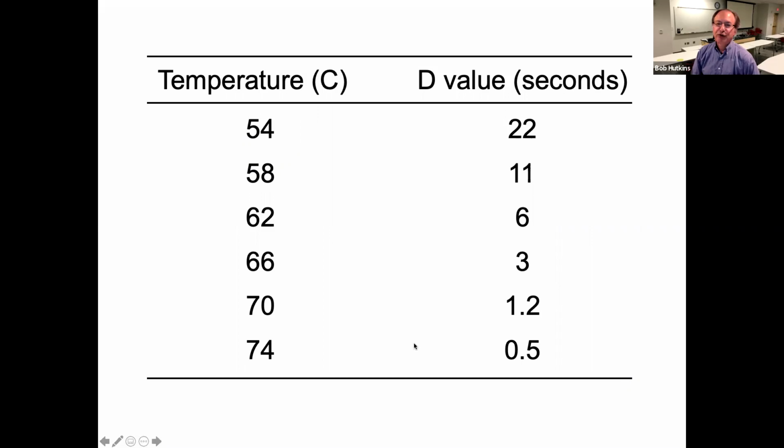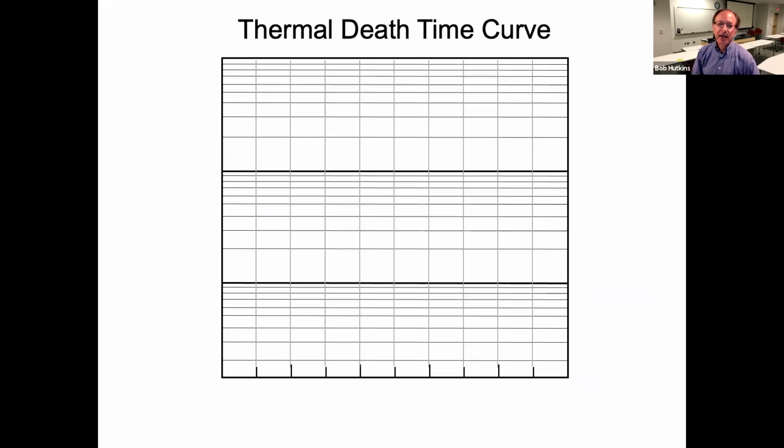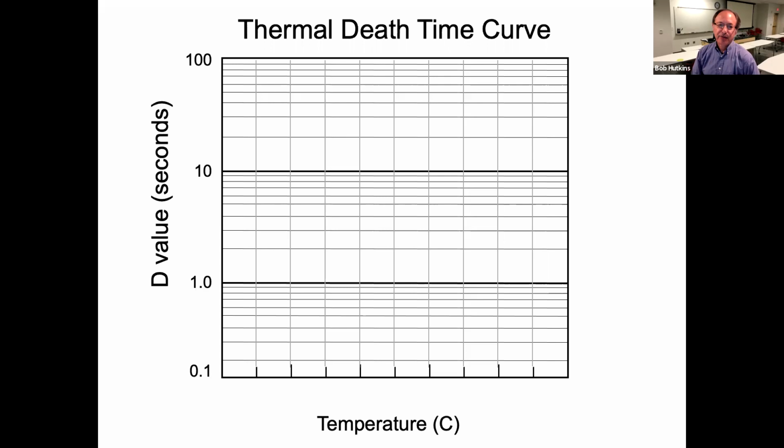And this is what you're going to do for your problem set. You're going to get those D values at different temperatures. And then you make a thermal death time curve, plotting, again, this is on semi-log paper. And this time what we're going to do, we're going to plot D values on the y-axis and temperature on the x-axis. Okay, and then you're going to put your units in there.